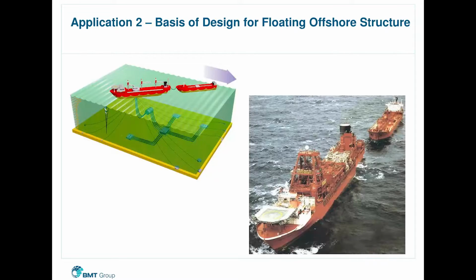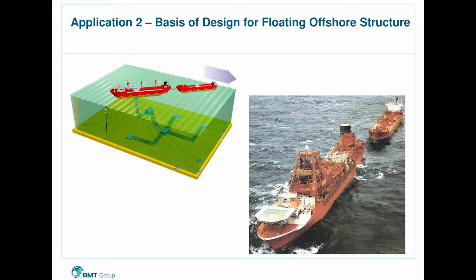A second application is looking at a floating structure. Now, I said that the steel jacket is probably good to about 100 meters water depth. Offshore Brazil and West Africa, we're now producing oil in water depths in excess of 3,000 meters. And you can't physically build a steel jacket to work in those depths. So we tend to use some sort of floating production system.